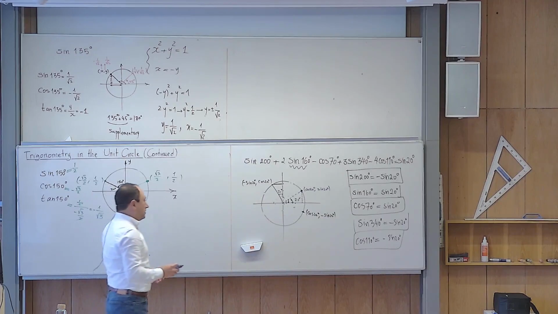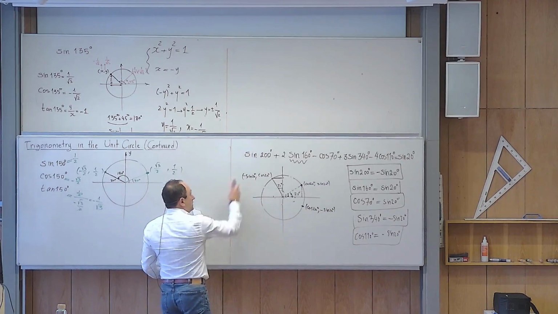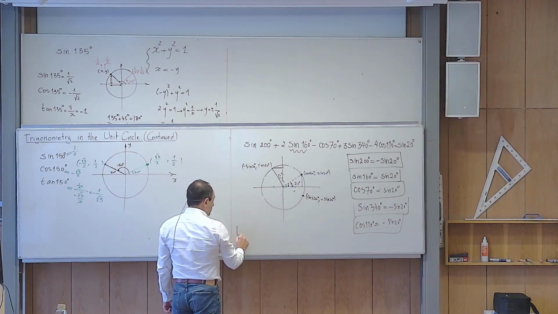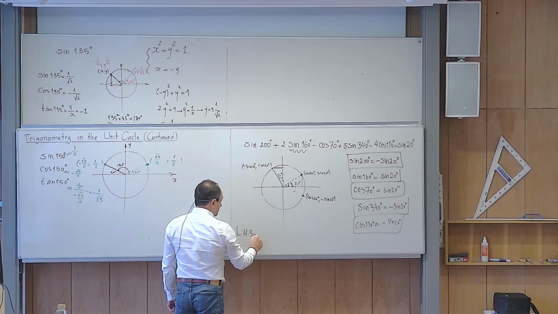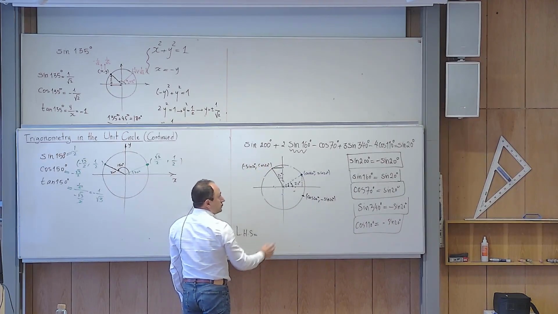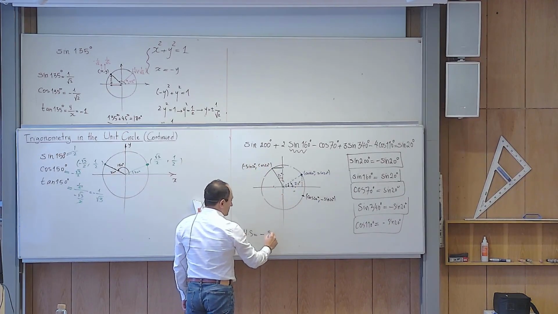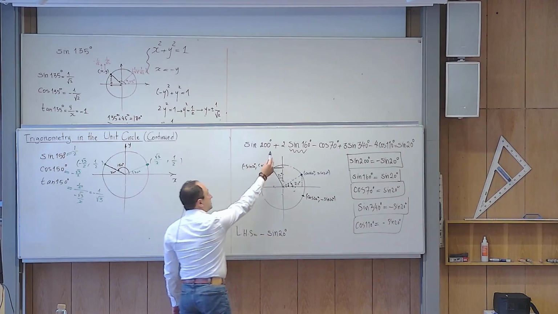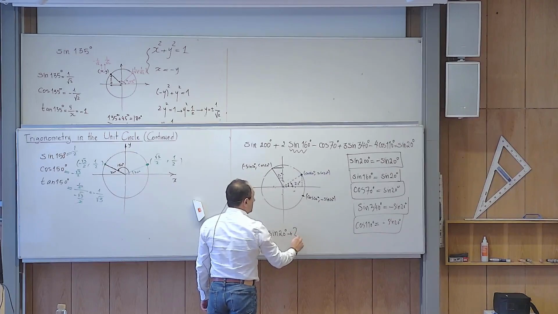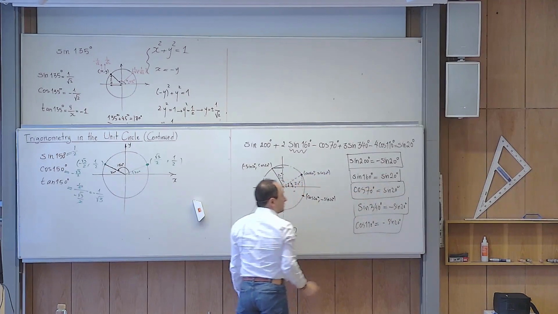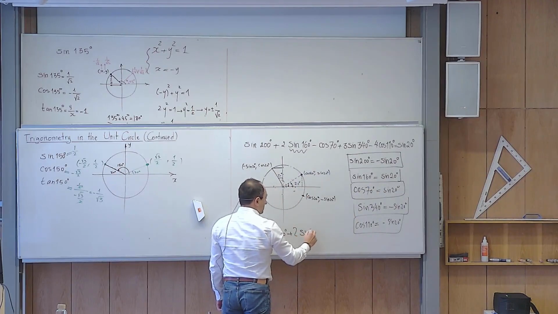Yes? Okay, now you want to prove this. So this is an equality. You want to prove an equality, so you would write the left-hand side is equal to: instead of sine of 200 degrees, I can write minus sine 20 degrees, plus 2 times sine of 160 degrees, which is exactly equal to sine of 20 degrees.